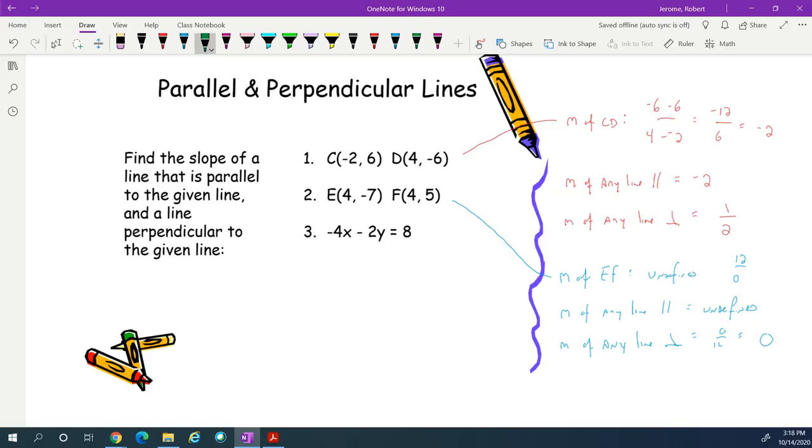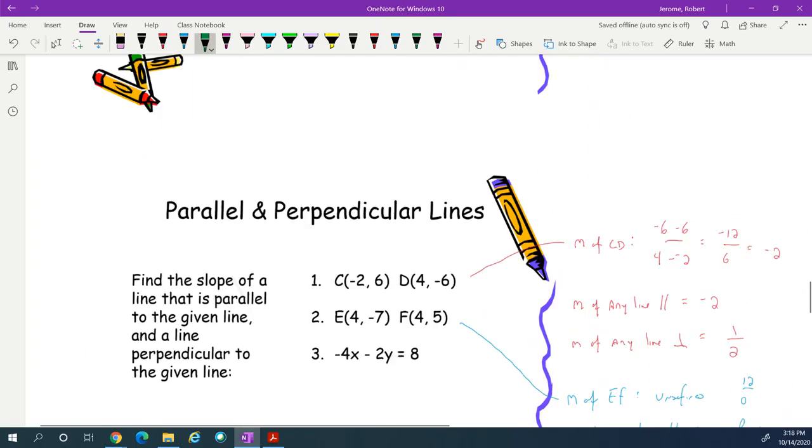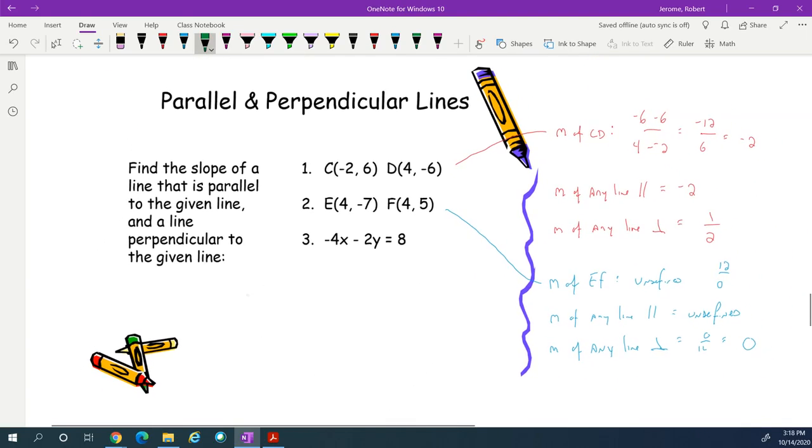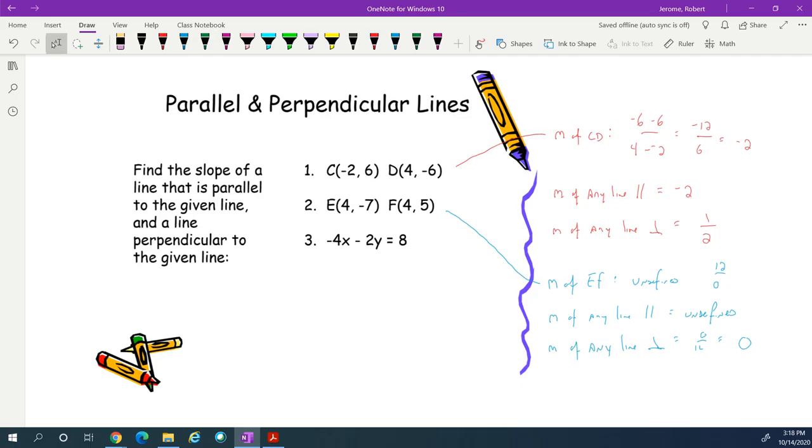And number 3. Again, we did this question 2 minutes ago. We rewrote it in slope-intercept form, and we found out that the slope of this line was negative 2.